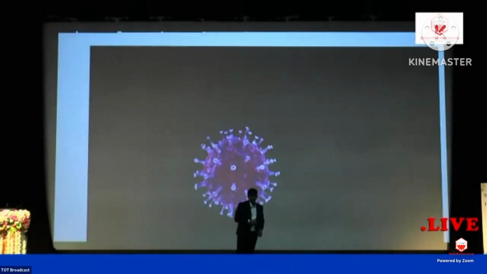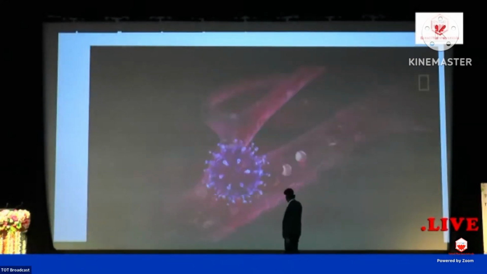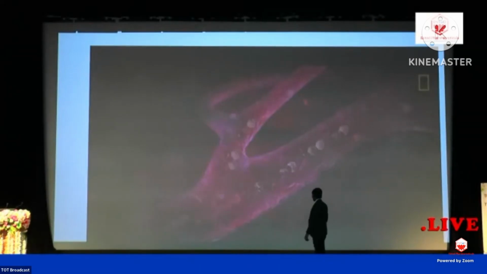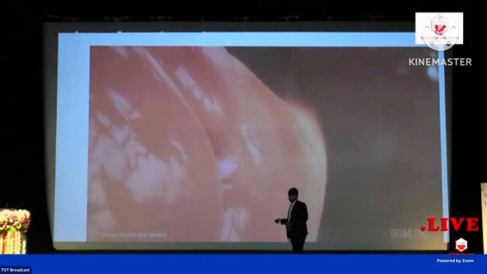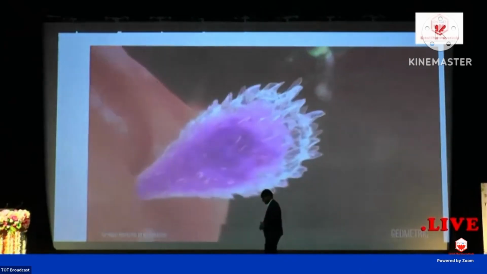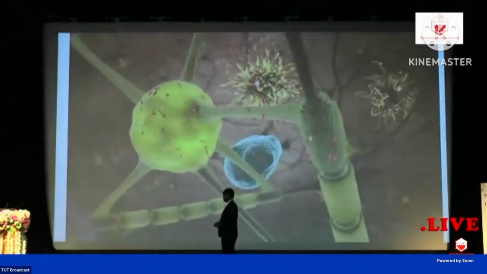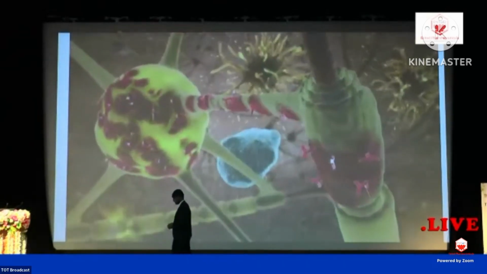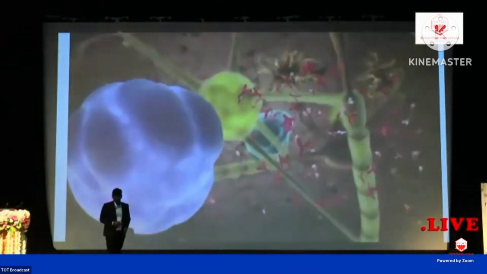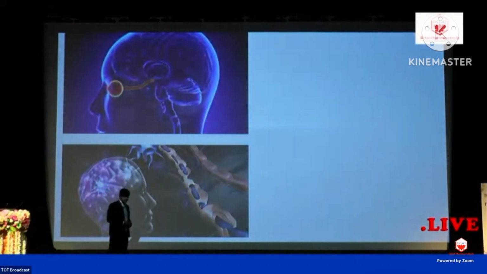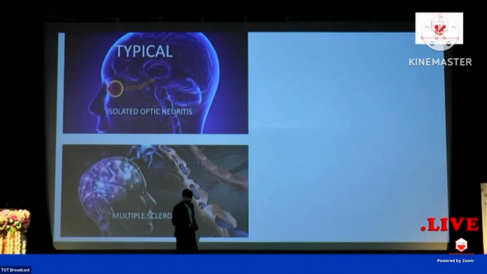The pathophysiology is that whenever there is an infection leading to blood-brain barrier dysfunction, a breach in the blood-brain barrier, immunomodulator cells enter the central nervous system, damaging astrocytes and oligodendrocytes, which are responsible for myelination, causing demyelination. So, optic neuritis will present either as isolated optic neuritis or associated with a demyelinating disorder, multiple sclerosis.